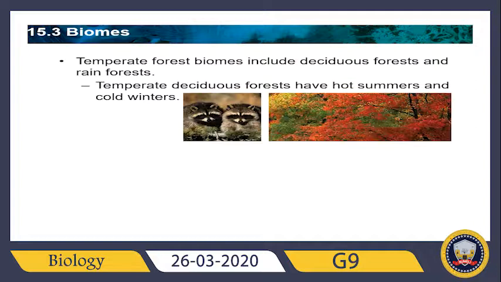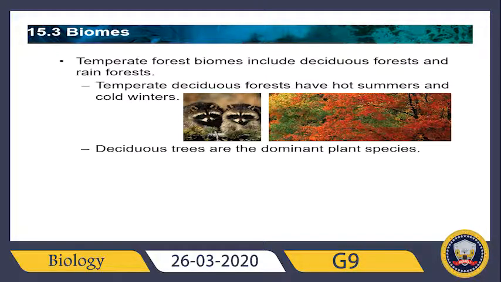Let's take a look at these deciduous trees. So, the temperate deciduous forests have hot summers and cold winters again. These are the guys, think about the major forests. These trees are classified as deciduous trees. Okay, deciduous forests.